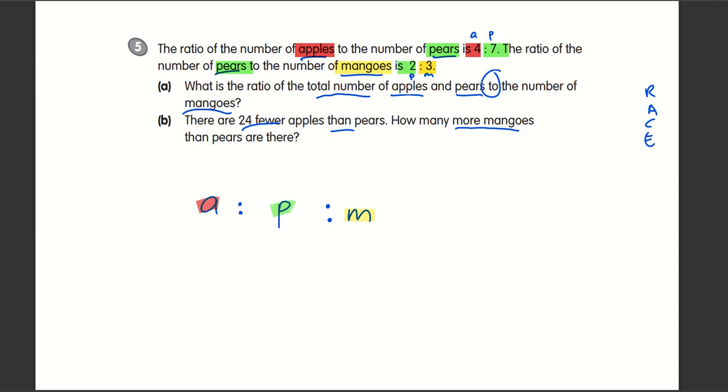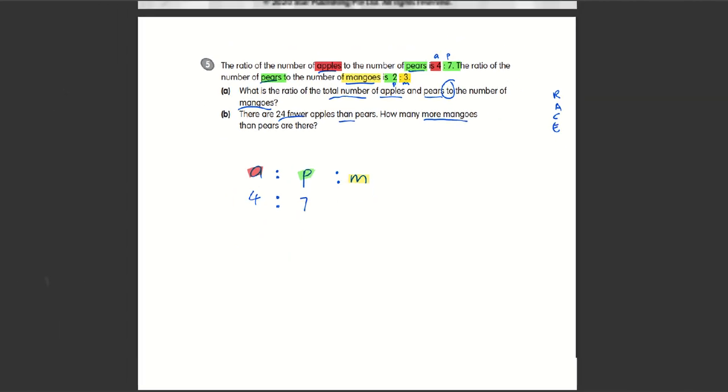Okay. Here, let's start off with the first one that's given. You have apples to pear, that is 4:7. Well, for pears to mangoes, it's not given as 7, it's given as 2:3.